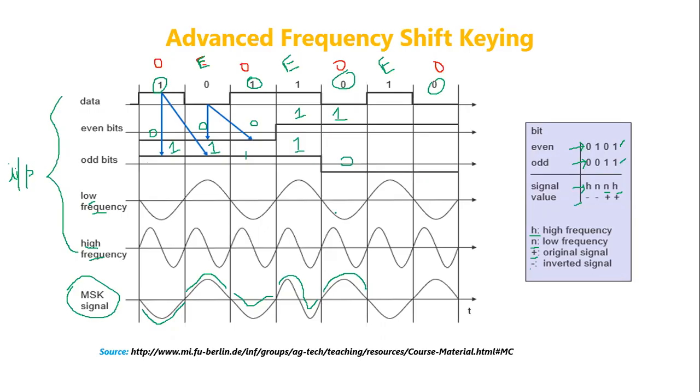Similarly, the next is also 1 and 0, so this is also the inverted low frequency signal. This is the low frequency signal at this point, so invert it. Next is also 1 and 0, so again the inverted low frequency signal. The low frequency signal at this point is this, so invert it. Okay.